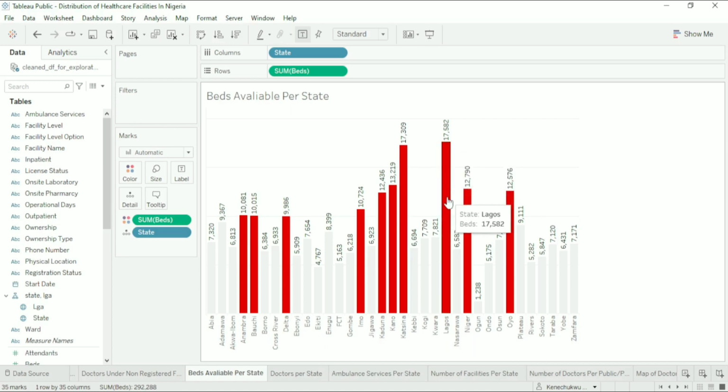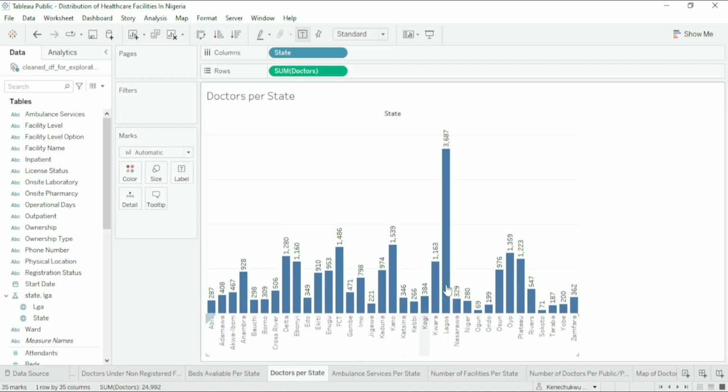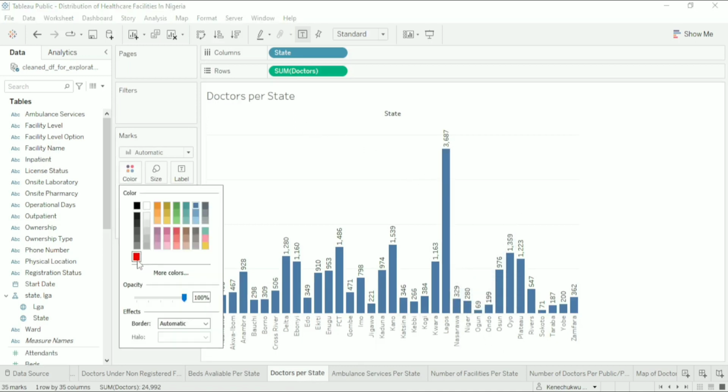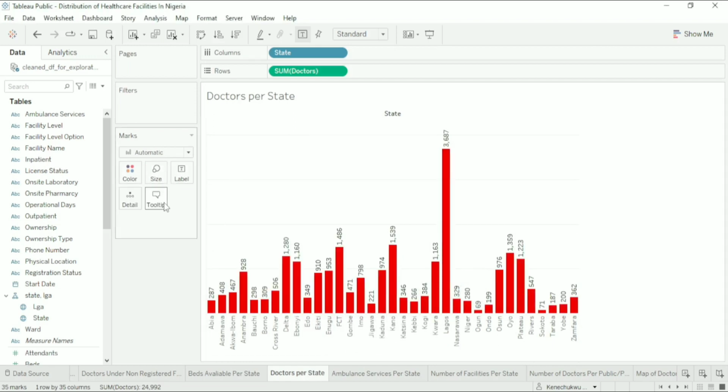So Lagos being high is more reasonable, like I've said before. For the doctors per state, I didn't gray out some of them here. We are having Lagos again. There are more beds in Lagos, which makes more sense because of the population.